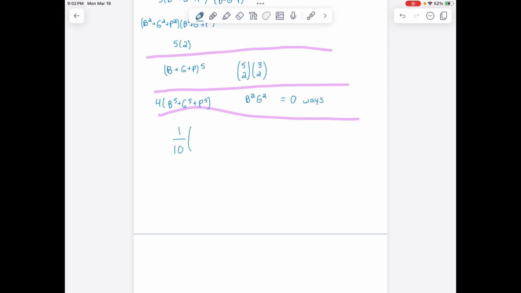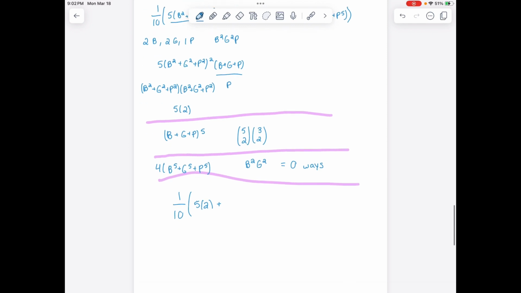We have 1 over 10 times, so we have 5 times 2 plus 5 choose 2 times 3 choose 2, plus, this is technically 4 times 0, which is equal to 1 over 10 times 10 plus 5 choose 2 is 10, and 3 choose 2 is 3.